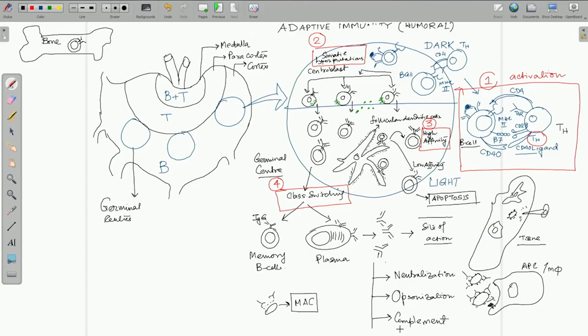Neutralization is directly neutralizing the pathogen by binding to it. In opsonization, they assist the macrophages or the antigen presenting cells to engulf the pathogen, and they can also activate the complement system, leading to a cascade of events. We will study the complement system in more detail in our upcoming lectures.